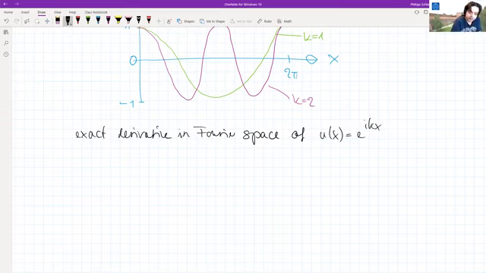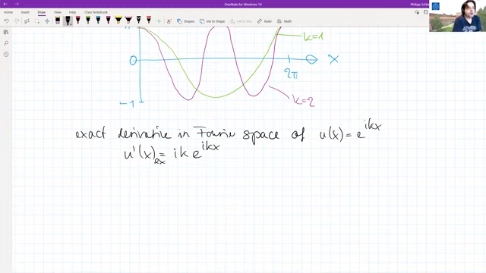Well, it's just deriving this with respect to x. It's an exponential, so it will be the same, and then we have the chain rule. So the exact derivative would be ik e to the ikx. As simple as that. And this would be the exact derivative.